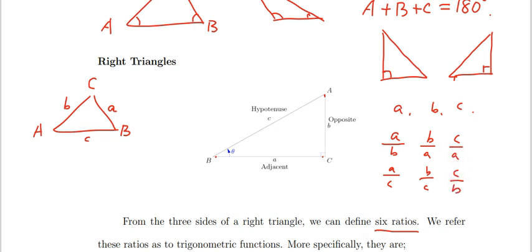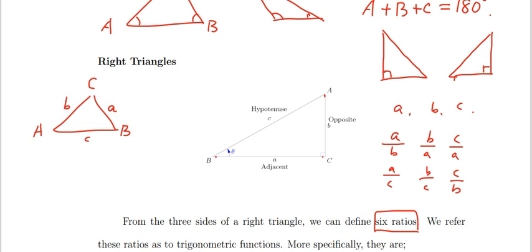So we can produce those 6 ratios, and we give those 6 ratios names. We call them sine, cosine, tangent, cotangent, secant, cosecant.